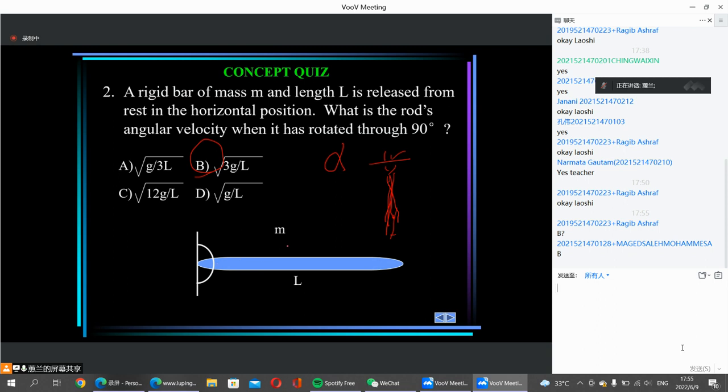So just for horizontal, the FBD will be mg and the reaction force.